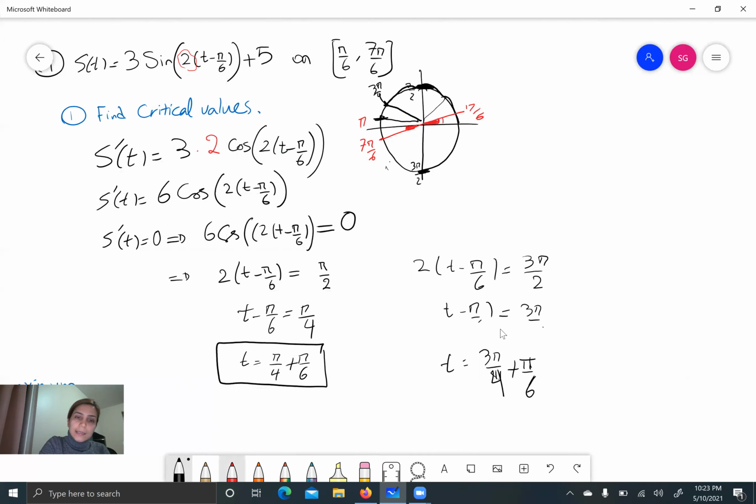Yes, it stays in our interval between pi over 6 and 7 pi over 6. So that's also possible. There are two critical values, this and this.